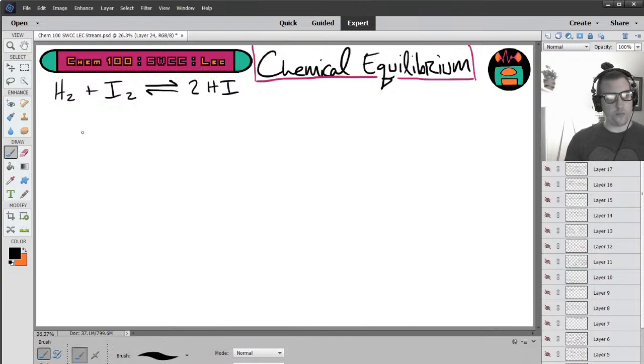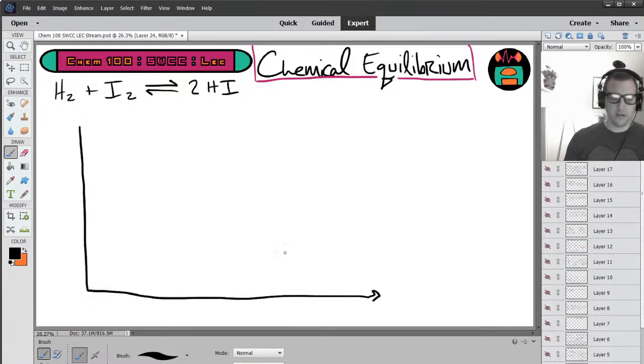A new kind of graph, one that plots reaction rate, so how fast a reaction is going, on the y-axis, and time on the x-axis.